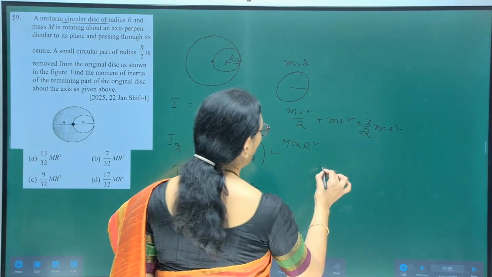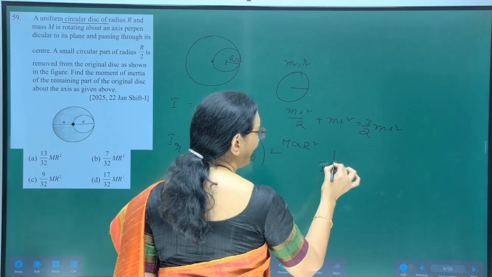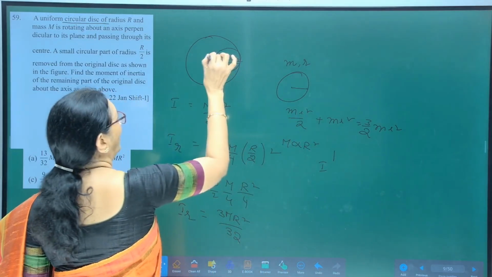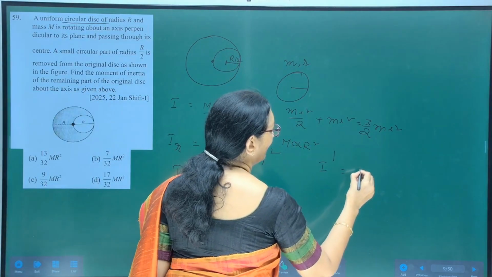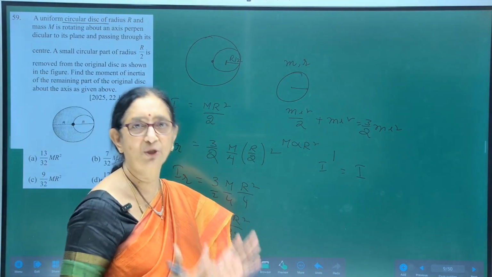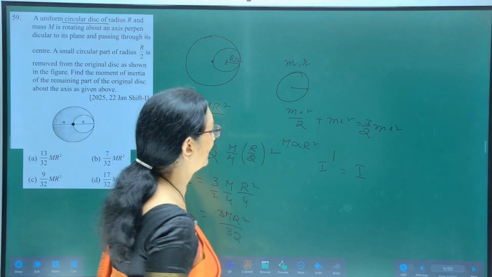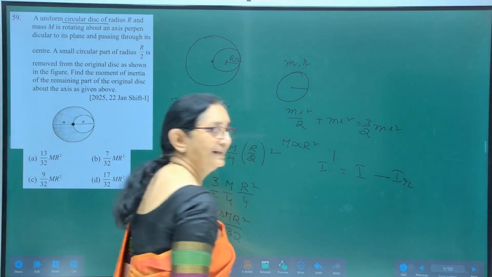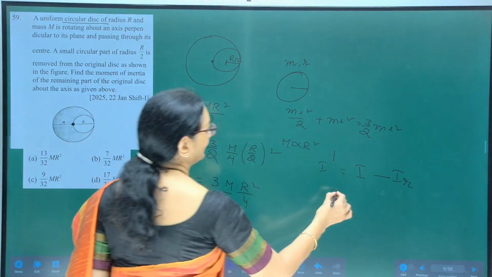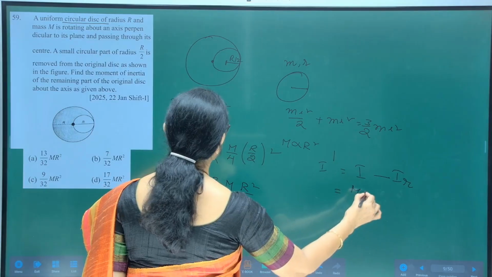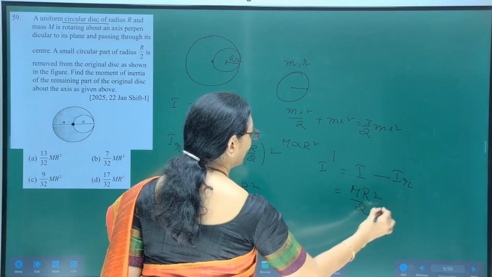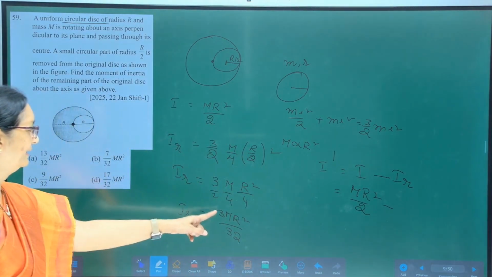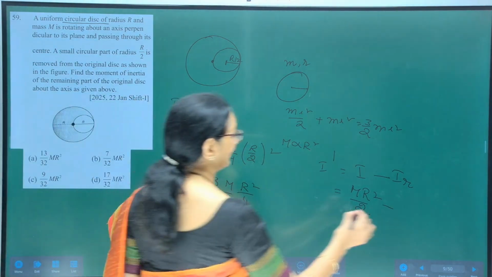Now, moment of inertia of the remaining part about the original axis is the moment of inertia of the total disc about the natural axis minus the moment of inertia of the removed part about the same axis. That is m r square by 2 minus, how much is this? 3 m r square by 32.